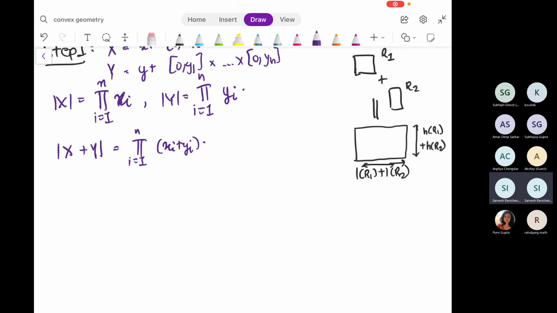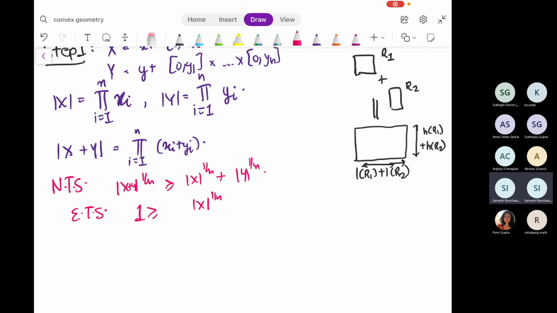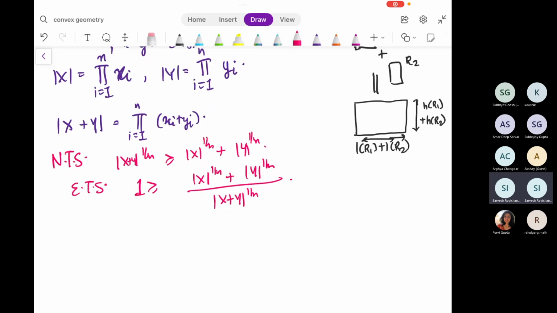So what we need to show is that the Lebesgue measure of X plus Y to the 1 by n is greater than or equal to the Lebesgue measure of X to the 1 by n plus the Lebesgue measure of Y to the 1 by n. It's enough to show that 1 is greater than or equal to, transposing the Lebesgue measure of X plus Y to the other side, the Lebesgue measure of X to the 1 by n plus the Lebesgue measure of Y to the 1 by n, upon the Lebesgue measure of X plus Y to the 1 by n. Let us write down this right hand side quantity explicitly. What is that quantity? In our case, it is the following.